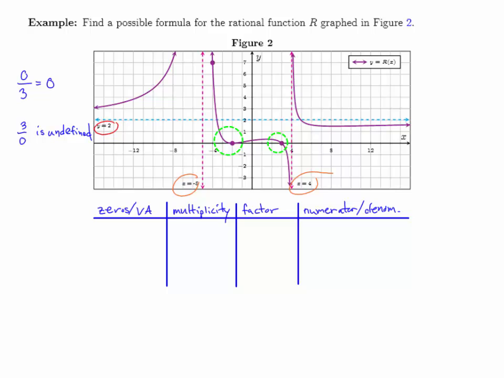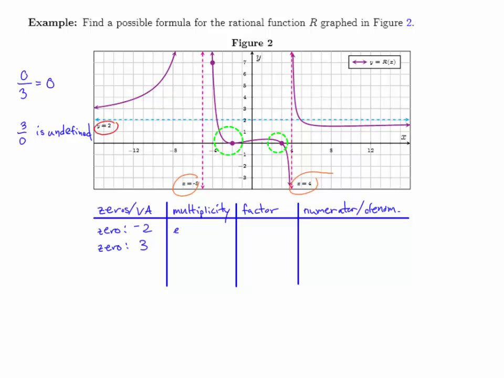Okay, so for the zeros, we saw that we had a 0 at -2. So there's a 0 of -2. And we also had a 0 of 3. Okay. And the multiplicity, so I highlighted the behavior around -2, and we can see that that function hits that x-axis and then comes back up.